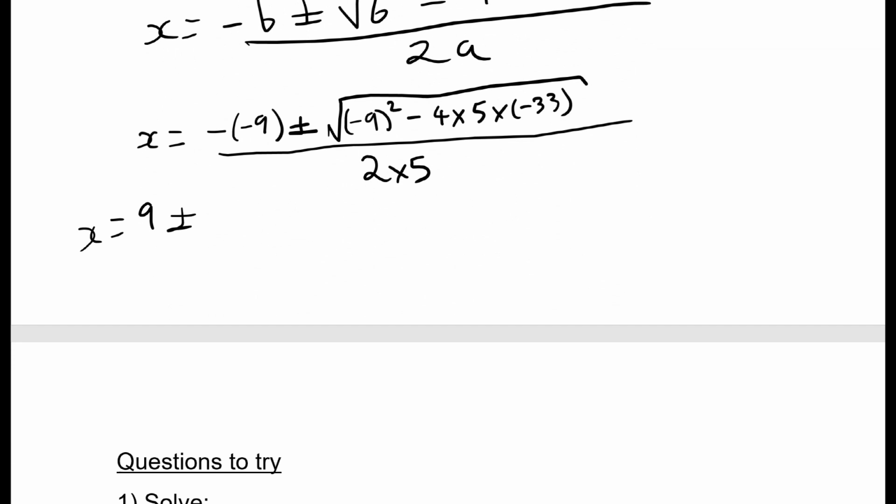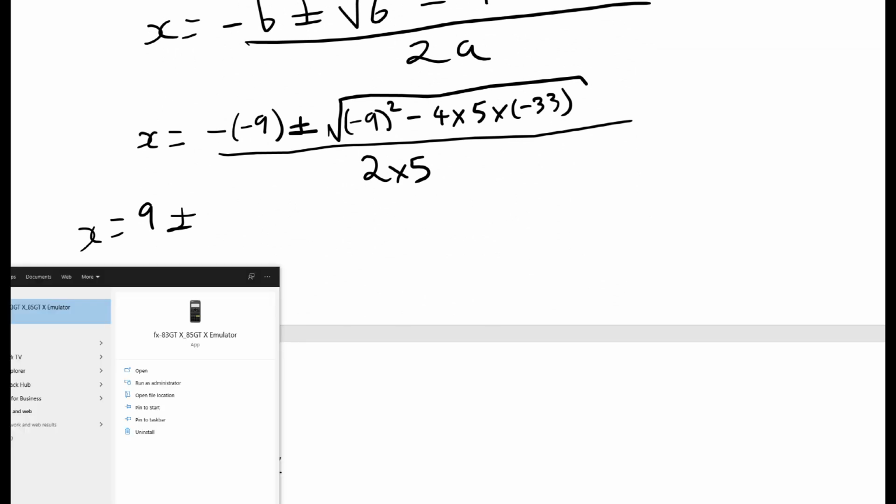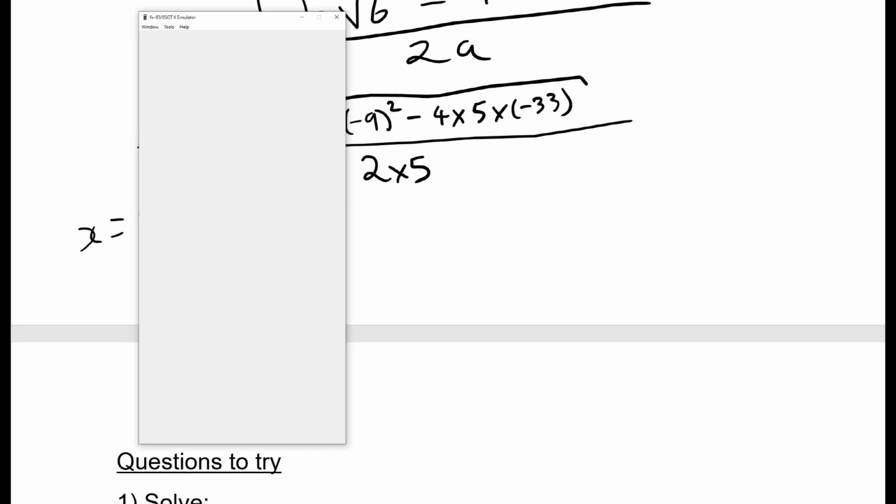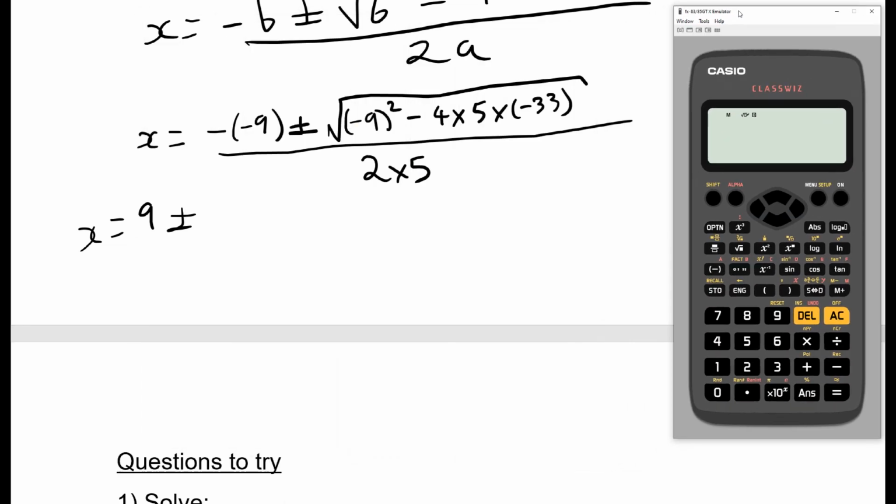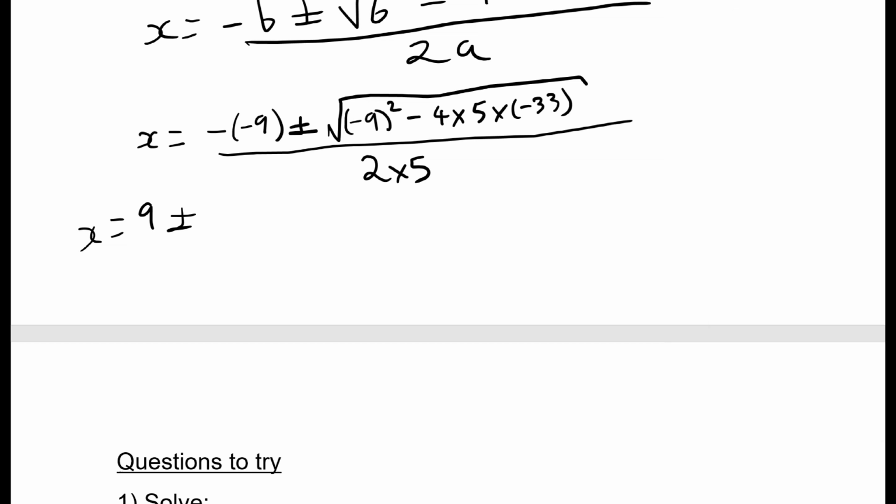I'm going to put this into my calculator. So minus 9 squared is 81. And then I have minus 4 times 5 times minus 33. I get 741. So x equals 9 plus or minus root 741 over 10.